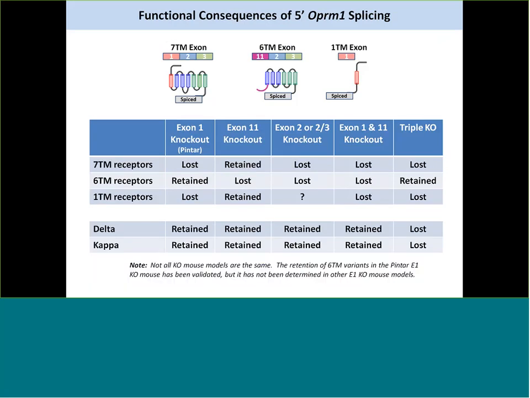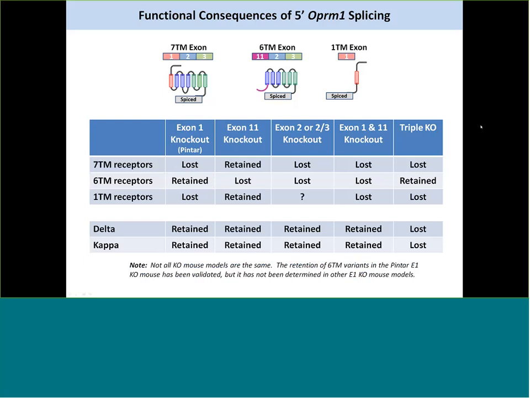How might you be able to actually explore the functional role of these three sets of splice variants in vivo? Years ago, an exon 1 knockout mouse was generated by John Pintar, and this mouse was very interesting from several perspectives.